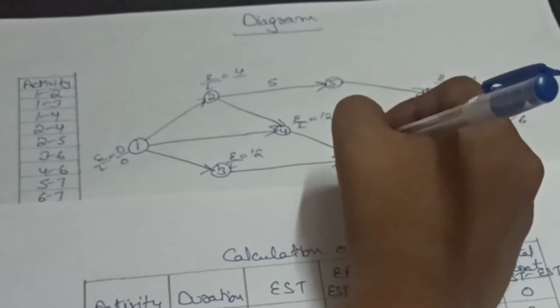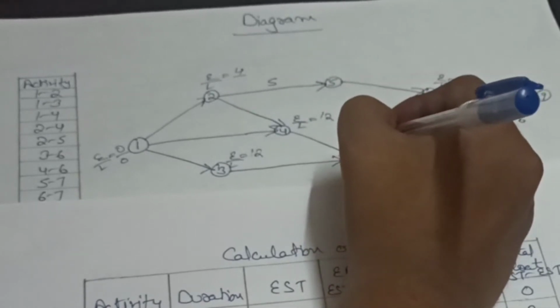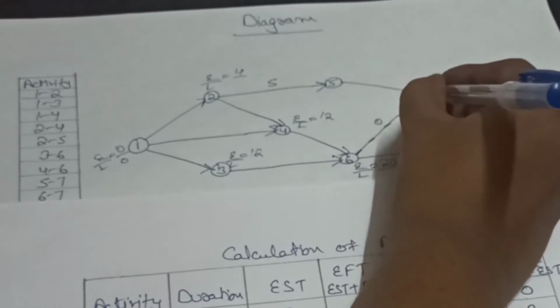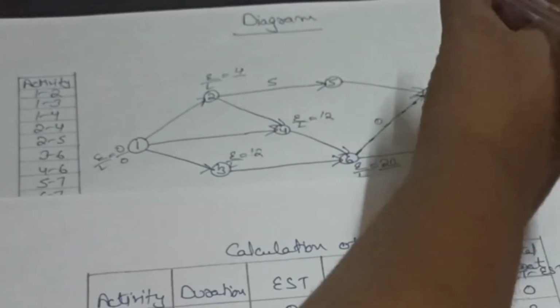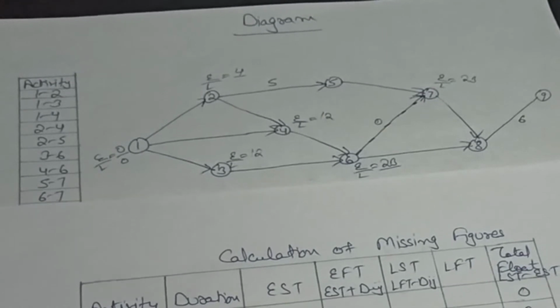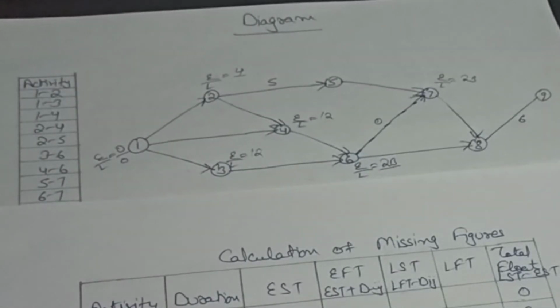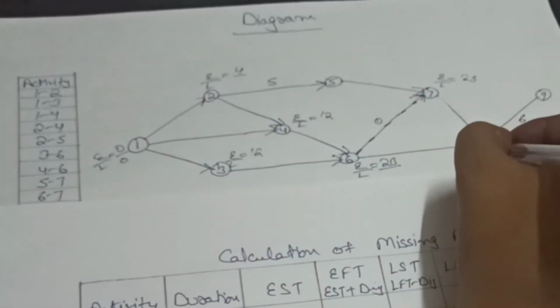So we can say this is our dummy activity because a dummy activity always has no duration. So we can say 6 to 7 is our dummy activity. After that 8 to 9, for 8 E value is 30.